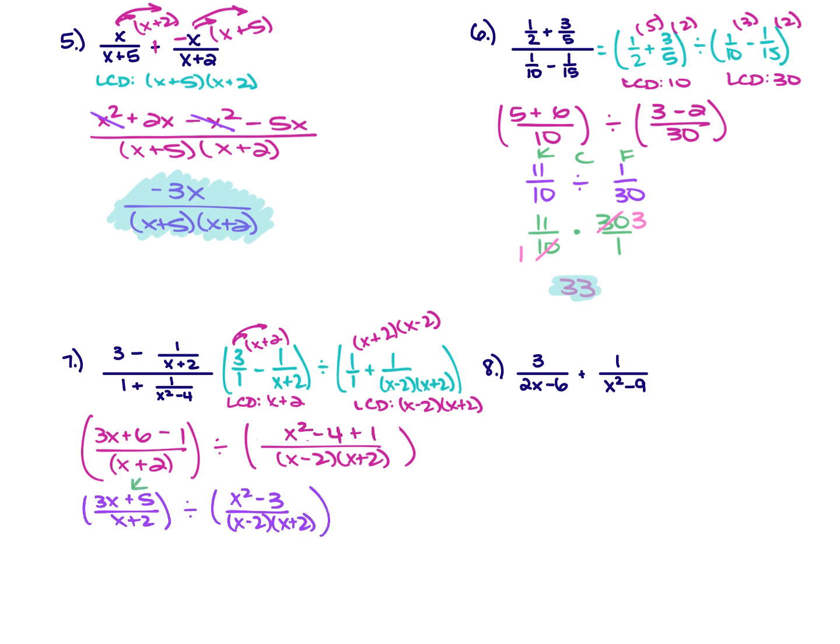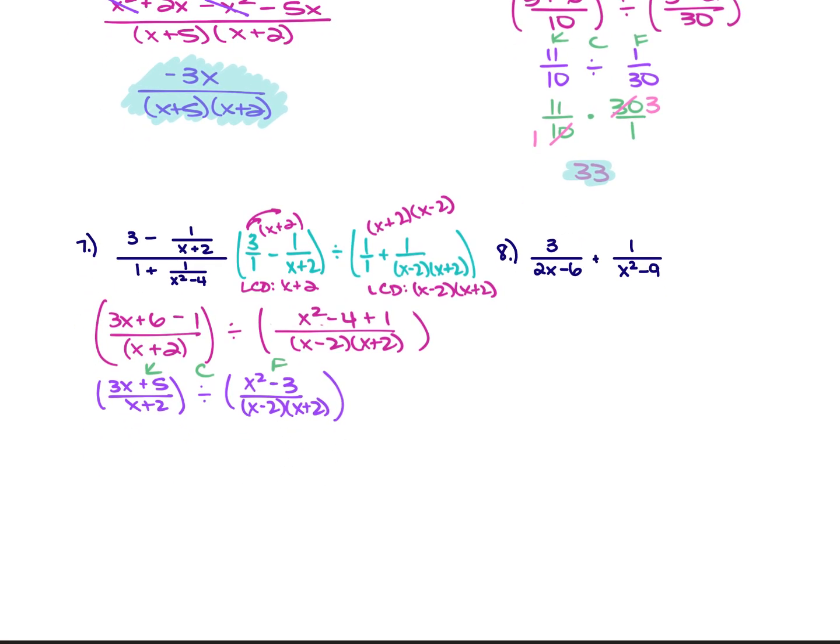If we keep, change, and flip, this is going to leave us with 3x plus 5 over x plus 2 times the flipped fraction. This turns into x plus 2 times x minus 2 all over x squared minus 3.